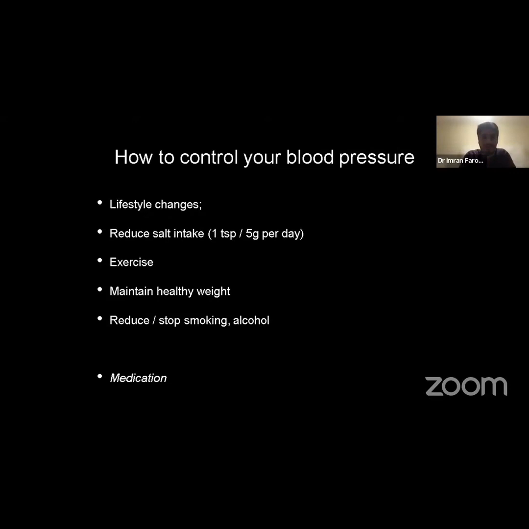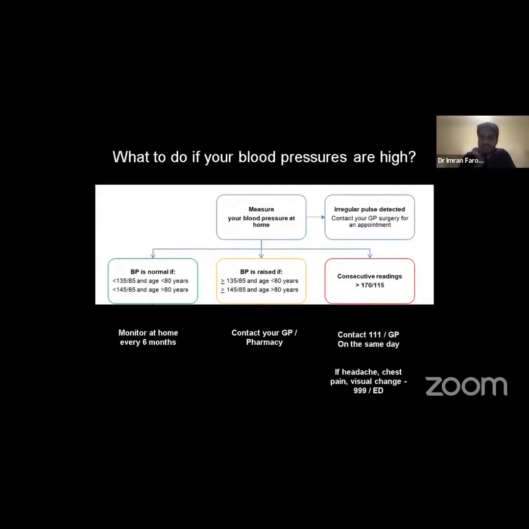Next slide, please. And that leads me to say, if you are checking your blood pressure at home, what do you do about it if it is on the high side? So I've done a little modified flow chart. If you're checking your blood pressure at home and it's normal, so as I said, below 140 over 80, then we're happy. Don't need to do very much.